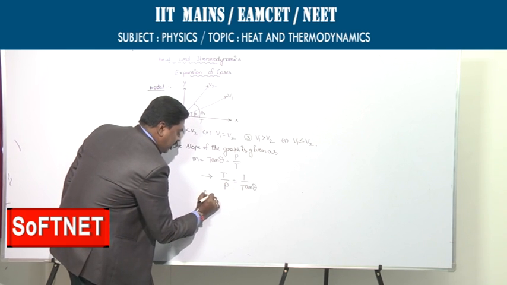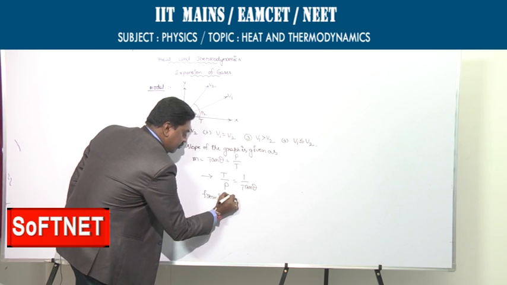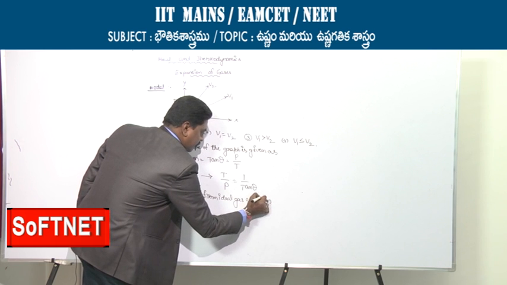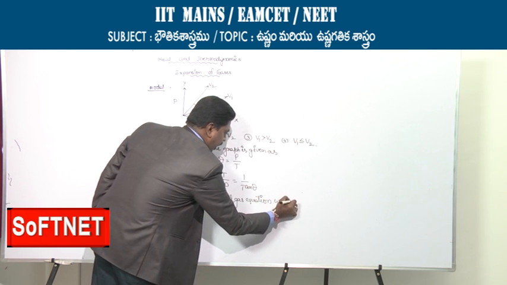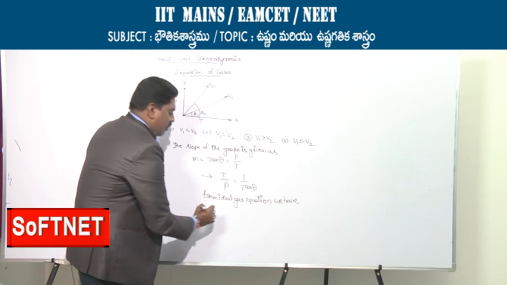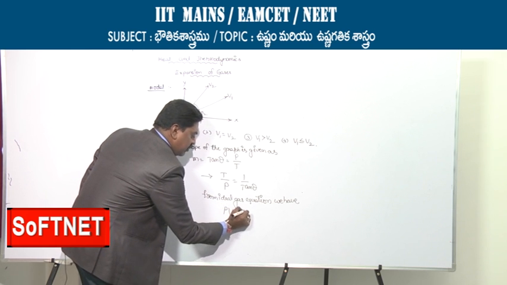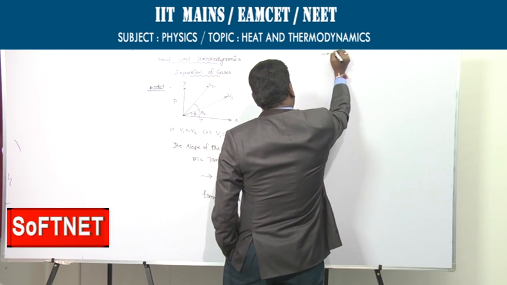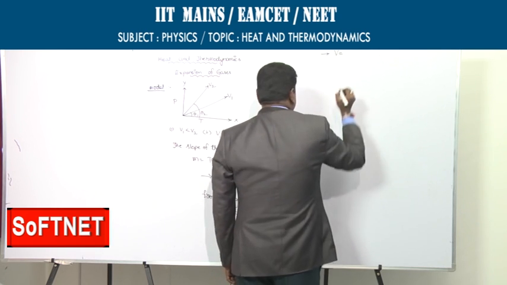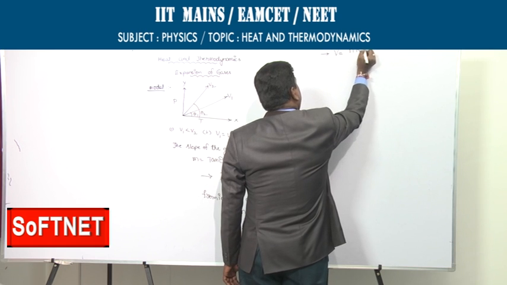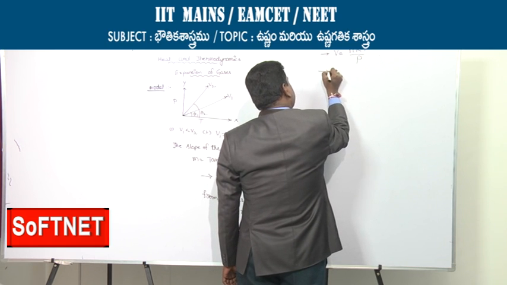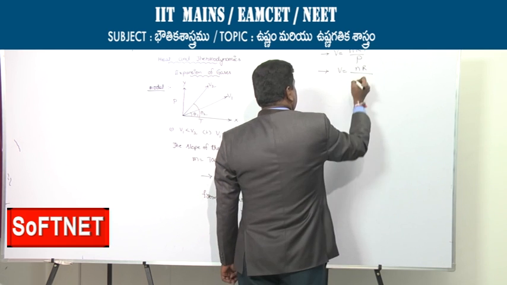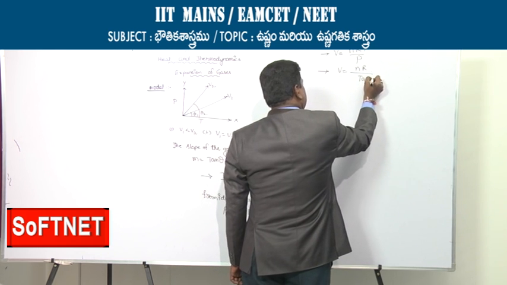From ideal gas equation, we have PV is equals to nRT, implies V equals to nRT by P, implies V is equals to nR by tan theta.